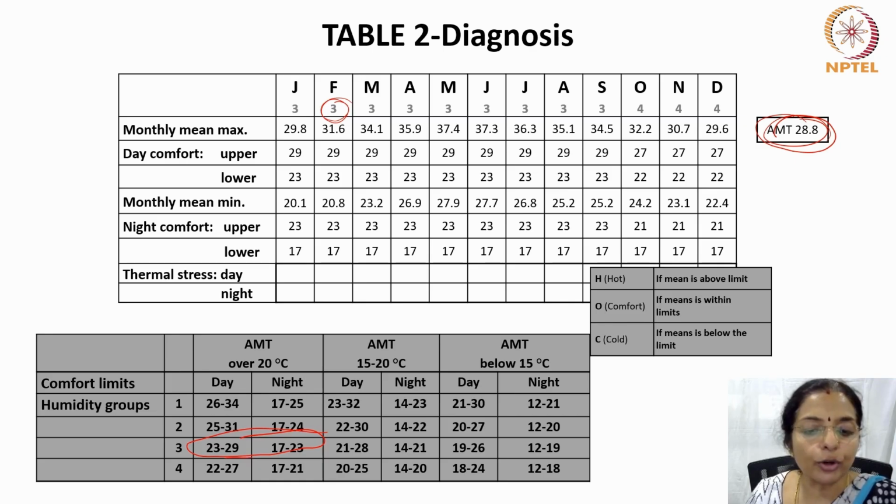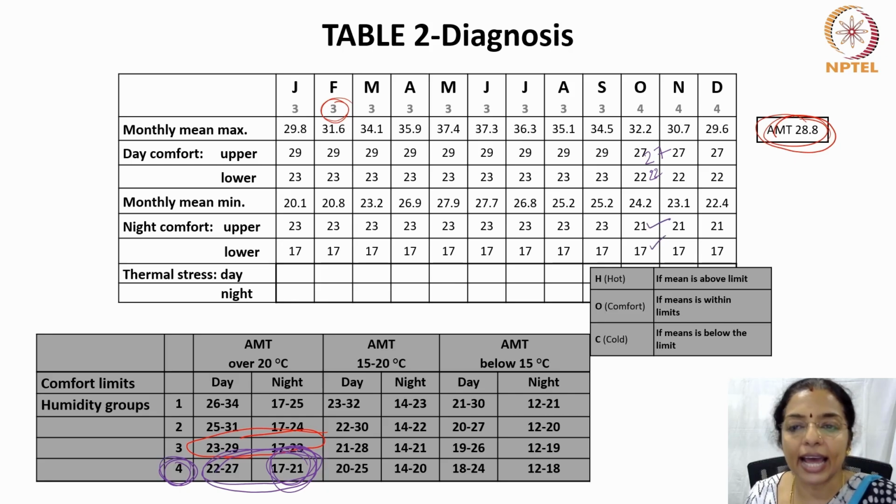So for October, November, December, it is a combination of this AMT along with the humidity group. So you enter the range of 22 to 27 as day comfort, and the minimum as given here, it is 17 and 21. Like this, you enter in the diagnosis table.